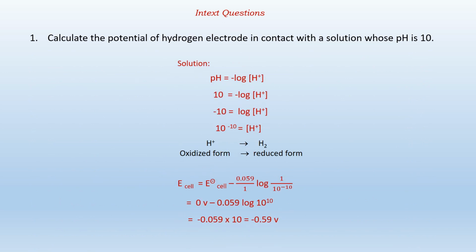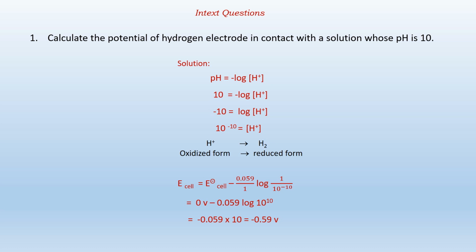Calculate the potential of a hydrogen electrode in contact with a solution whose pH is 10. So they have given the pH value, which means you should calculate the hydrogen ion concentration. pH is equal to negative logarithm of hydrogen ion concentration. Substitute the value: 10 is equal to minus log of hydrogen ion concentration.